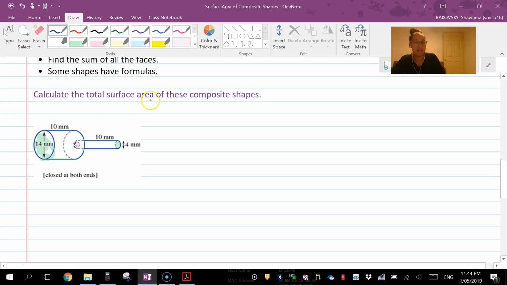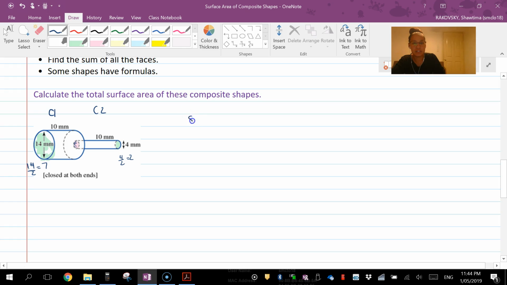I'm going to call this cylinder 1, and this one cylinder 2, referring to the r's. The other thing I need to note is that this is a diameter, so 14 divided by 2 gives us 7, and 4 divided by 2 gives us 2. So there are our radii.